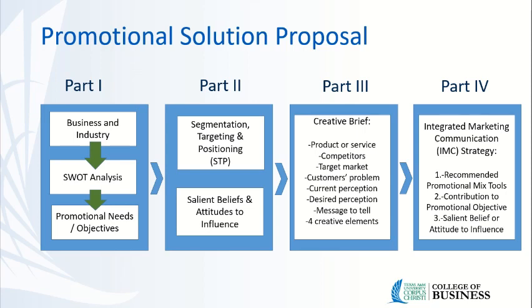What are the promotional needs and objectives for this project? Here you have to refer to chapter 1, and you have to tell what is the need or objective for doing promotion that you will propose. Promotional activities to accomplish what?